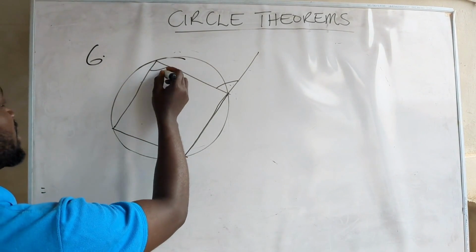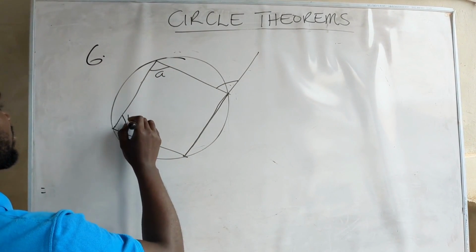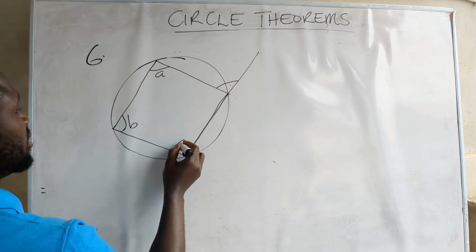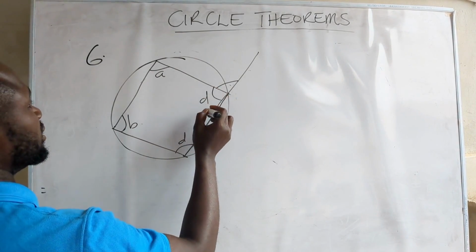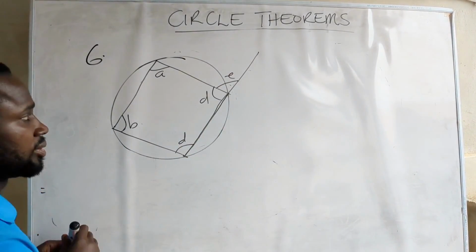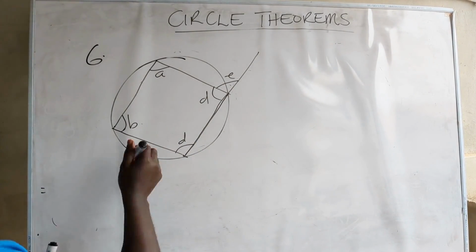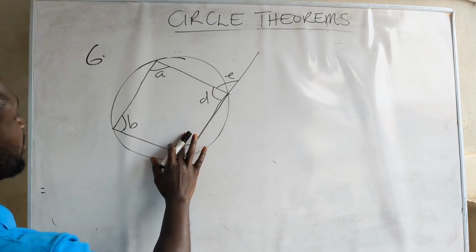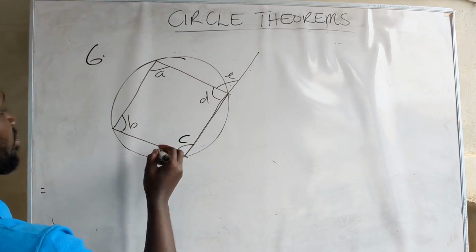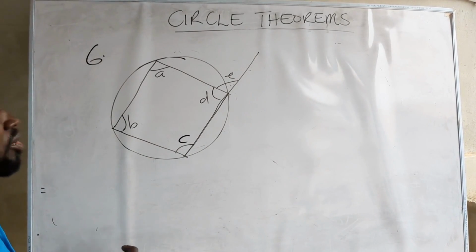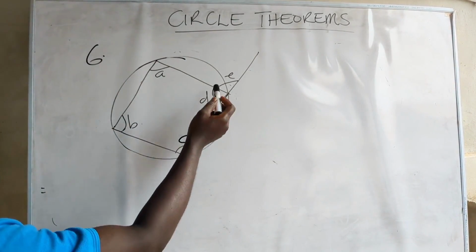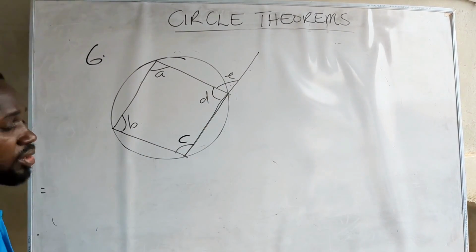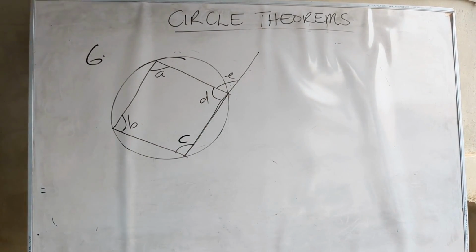So let's say here is A, B, C, and D, and here is E. So I have A, B, C, and D, and my exterior angle is here. Then what do we say?